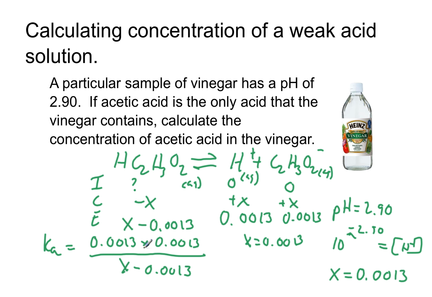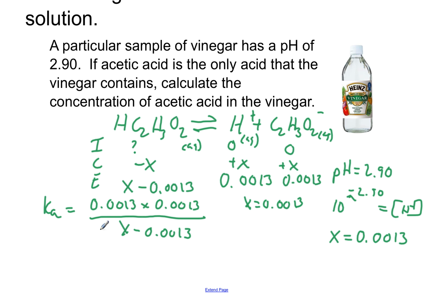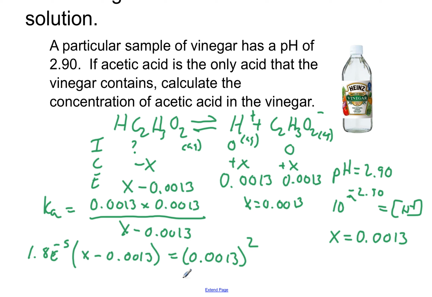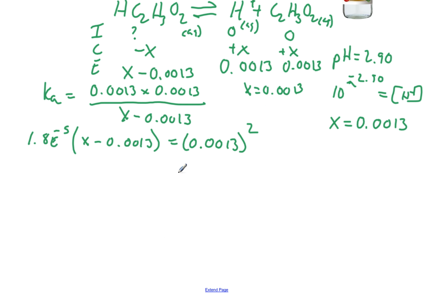So I can solve for that by just going down here and saying 1.8 e to the negative fifth times X minus 0.0013 equals 0.0013 squared, and the rest is just solving the math on this.